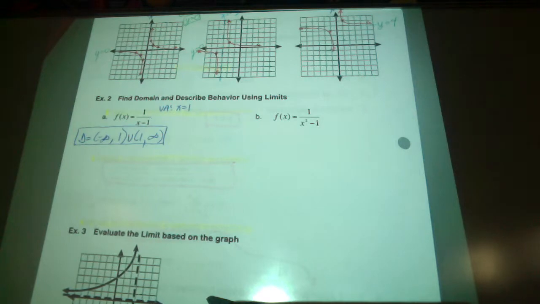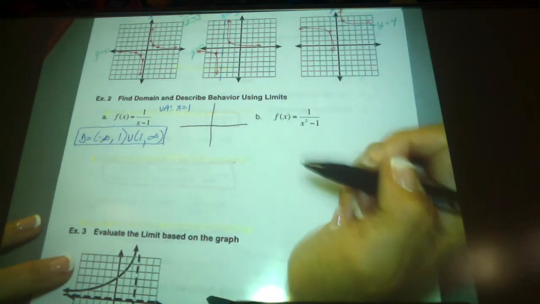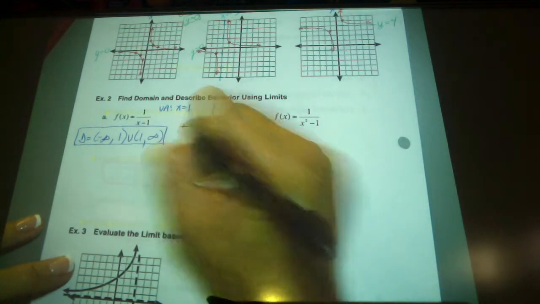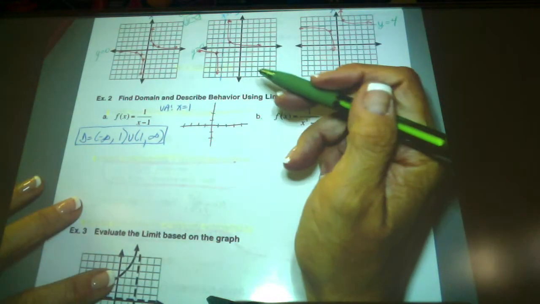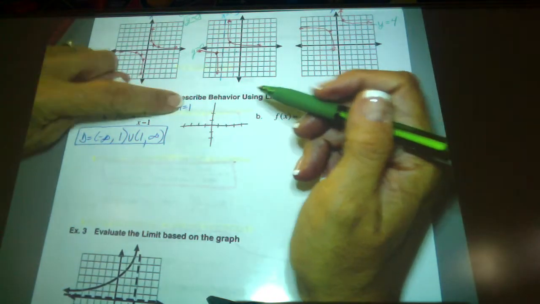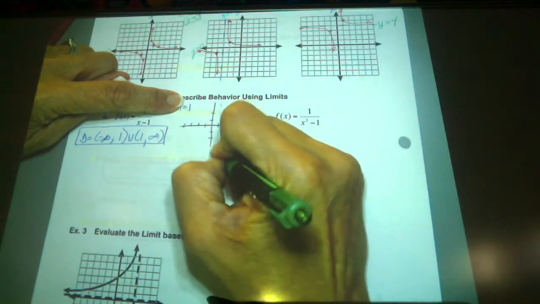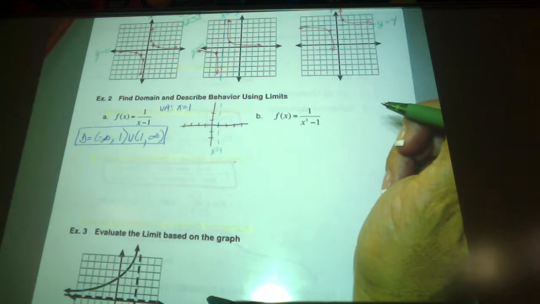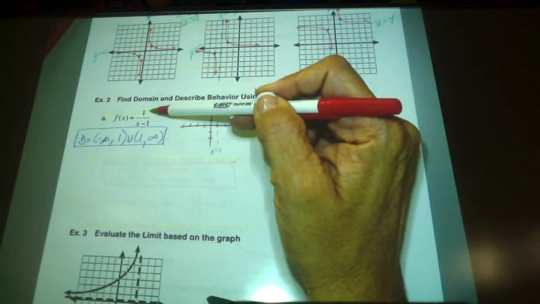Then if I were you, I would sketch the graph so I can see what my end behavior is doing. So I have a vertical asymptote at 1. So I'm going to dash that in and label it. Do I have a horizontal asymptote? What is the degree of my numerator? 0.